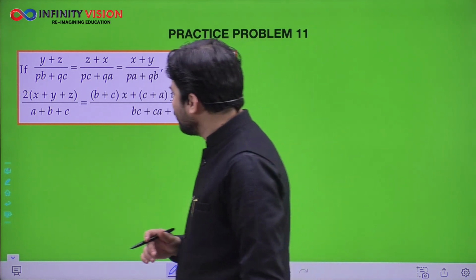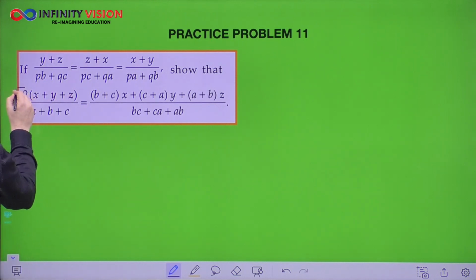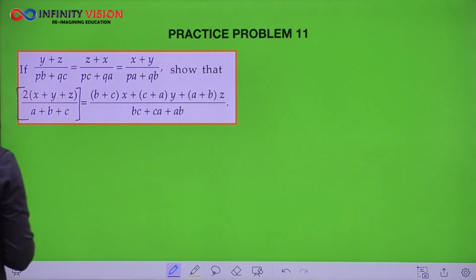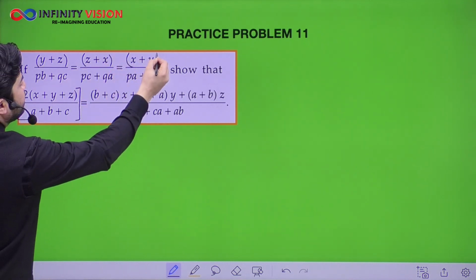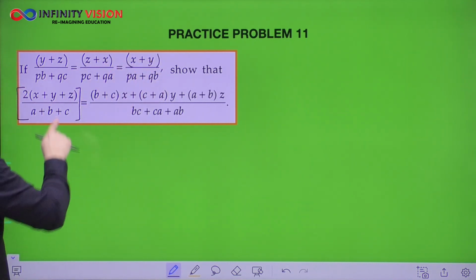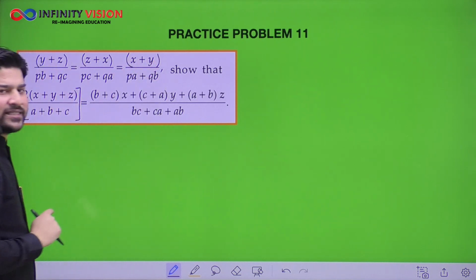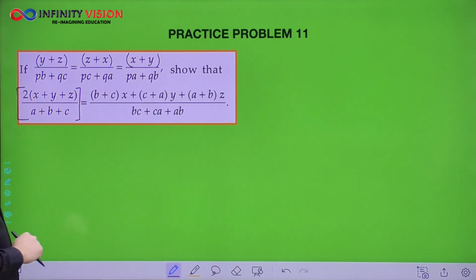So if you look at the left hand side of this equation, the numerator is twice of x plus y plus z, and you have y plus z, z plus x, x plus y. So this gives me the hint that if I add all the antecedents together, I'll be able to get my numerator.